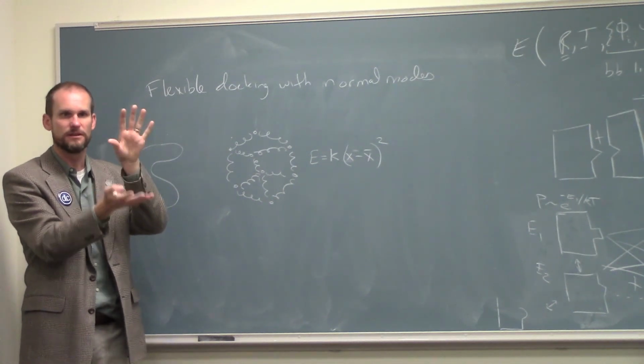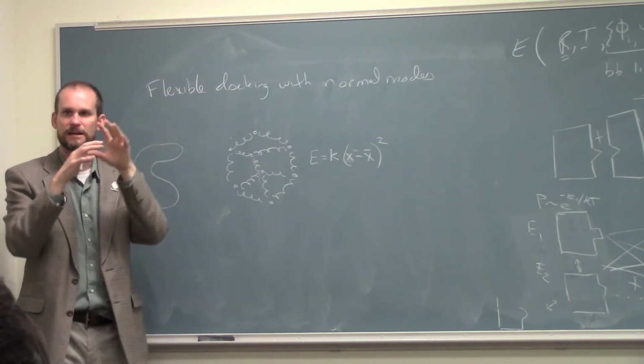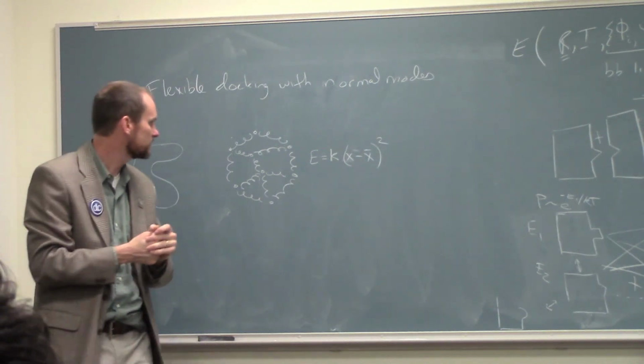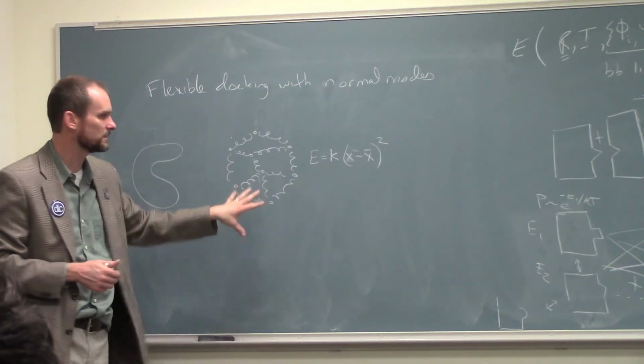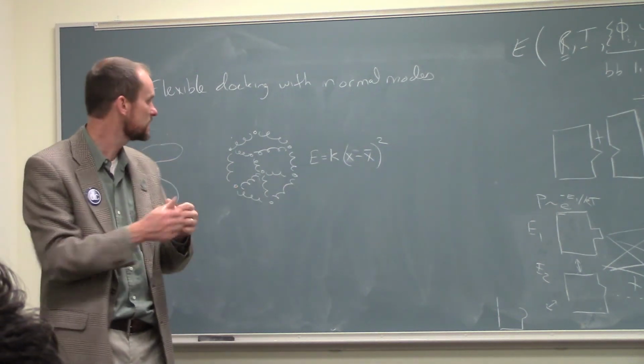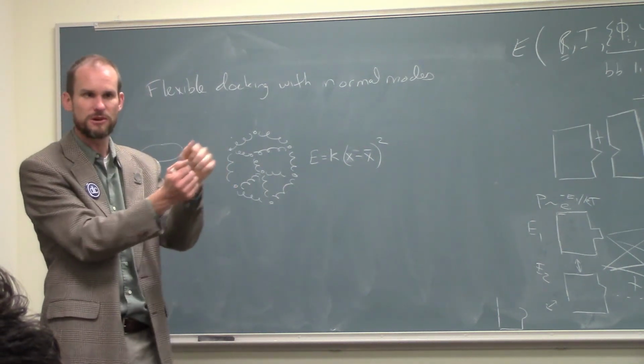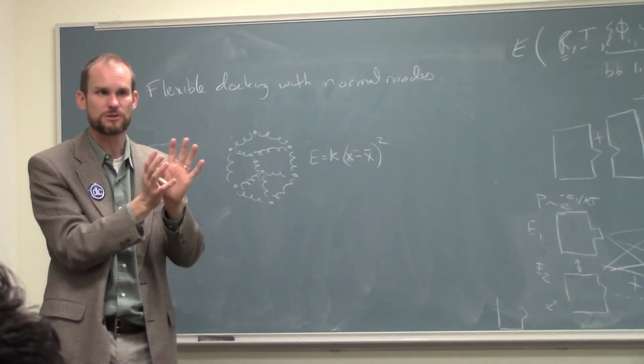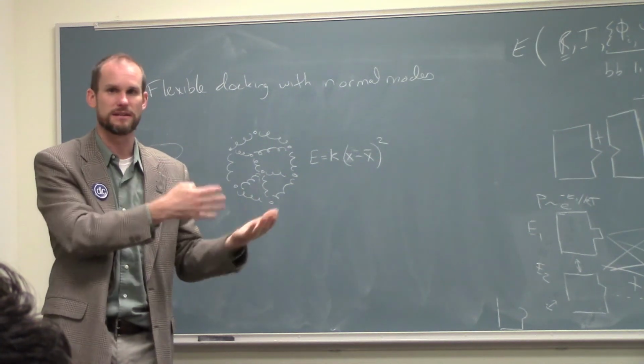That's a standard way. If you think about the way a solid would distort or vibrate, that's the same kind of math you're doing. So I don't want to go deep into the math, but what people will do is they'll calculate normal modes and say there might be a stretching motion, and maybe a twisting motion, and maybe an opening and closing motion, and they'll put those particular motions into the docking calculation.